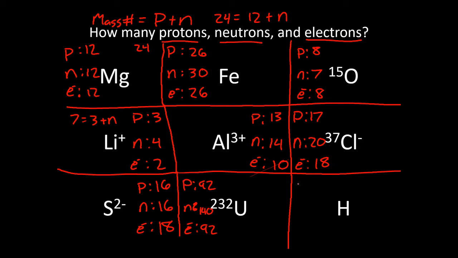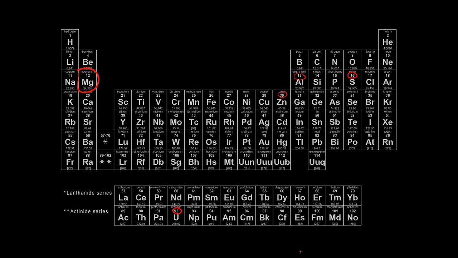So then the last one here, hydrogen. Hydrogen is element number 1. And so it is going to have 1 proton. There's no charge given, so it's going to have the same number of electrons. If you look at the periodic table, hydrogen has a mass number of 1.